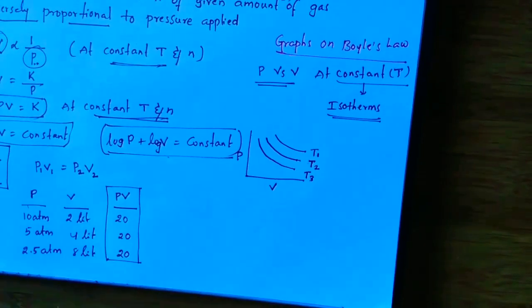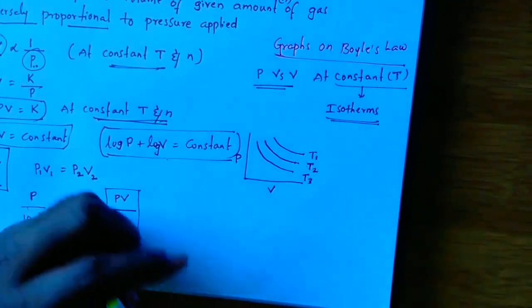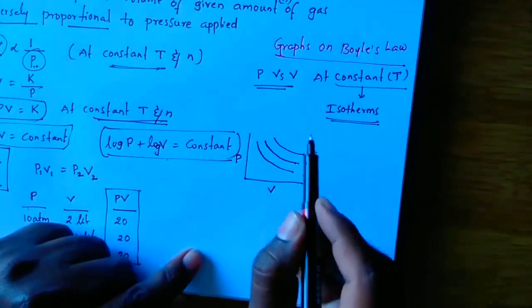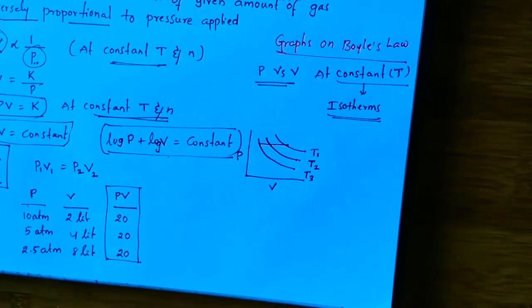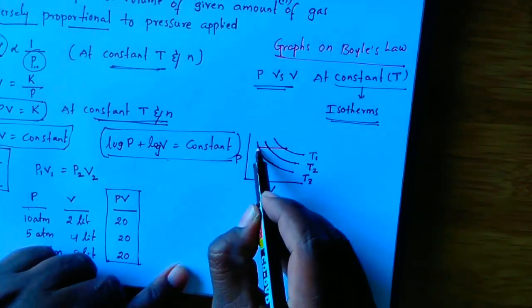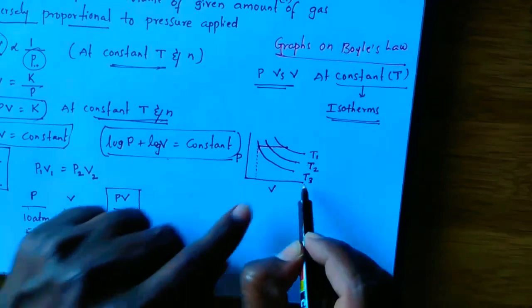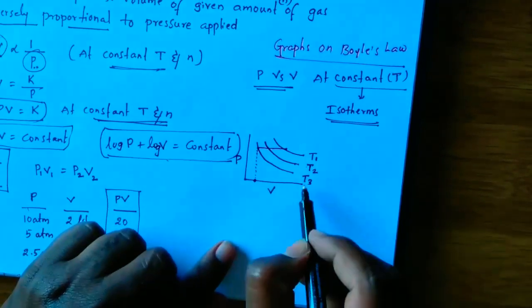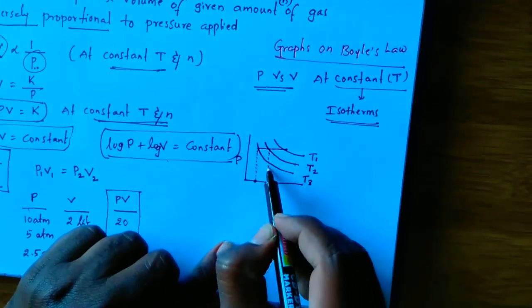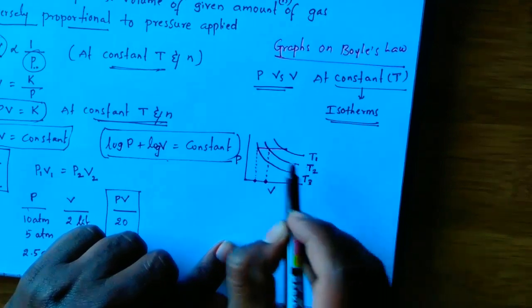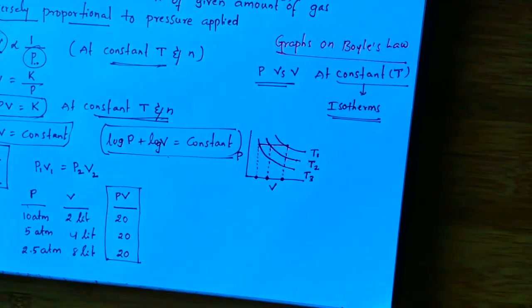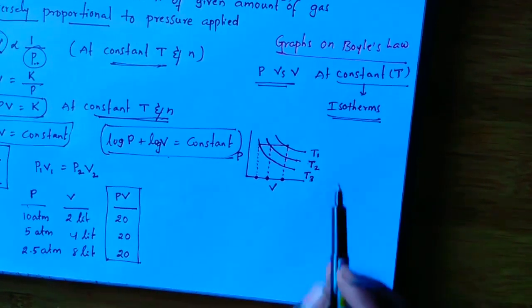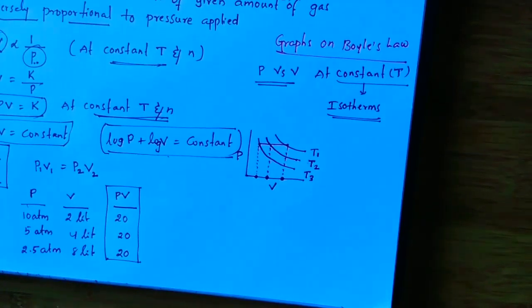To do this easily, I take one particular point here. The volume at T3 is this much, at T2 this much, and at T1 this much. Generally, on increasing the temperature the volume also increases.